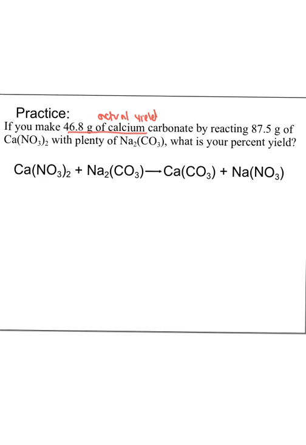So we have actual to do, actual divided by theoretical, but now we need theoretical yield. So let's turn this grams of CaNO3 into moles. Right? Plenty to me means excess. So I'm going to give you some time, pause the video, do your BCA table, and then we'll talk about how to use your answer for percent yield.